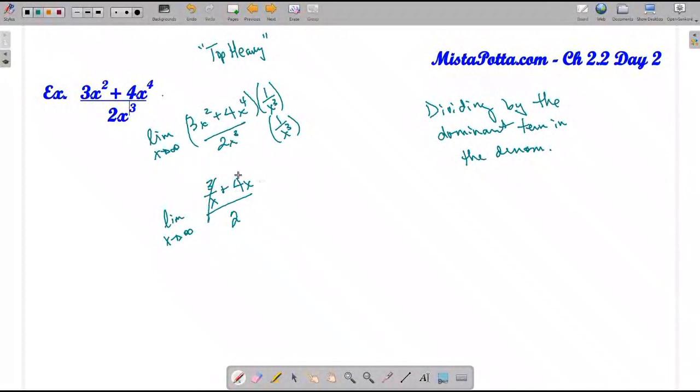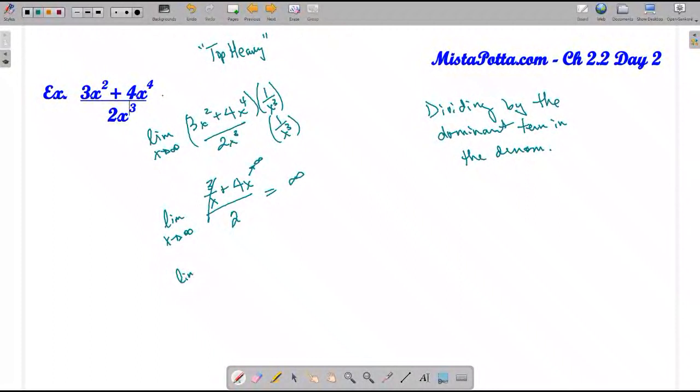And I know that 4x behaves like my parent function. This actually goes to infinity. And so I can say that this limit ends up increasing without bound. And so I don't have a horizontal asymptote as x approaches positive infinity.